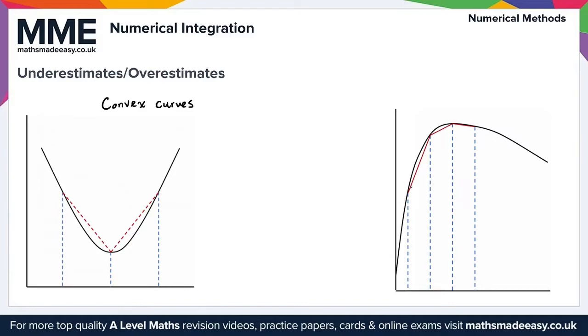And again, we can see this here with this red line being underneath the curve. Like we said, this is an underestimate, and this is an overestimate. So that gives us everything we need there for underestimates and overestimates.